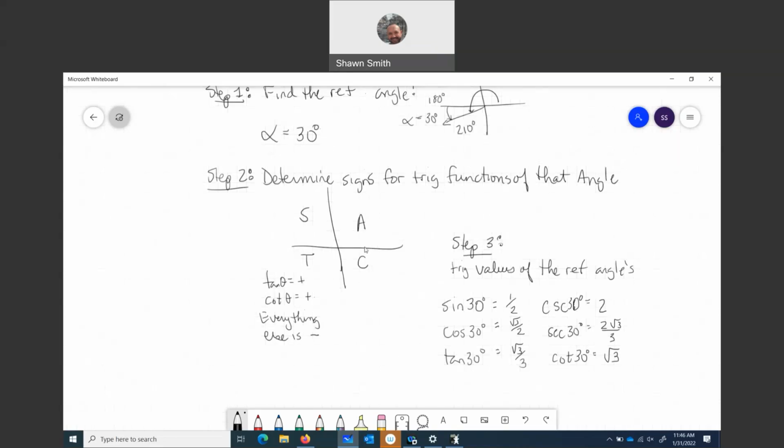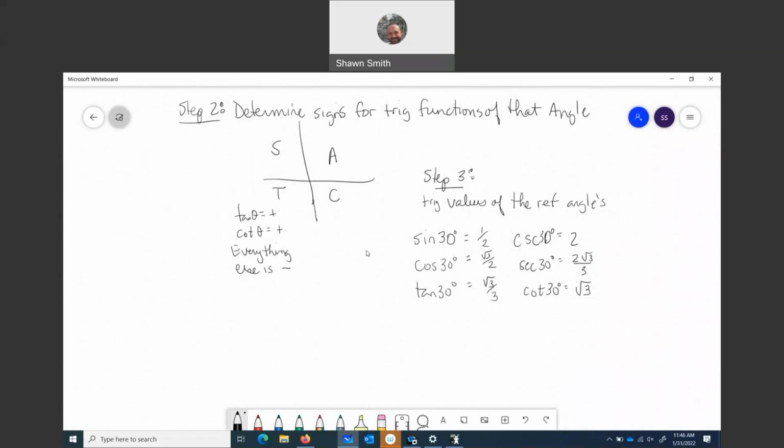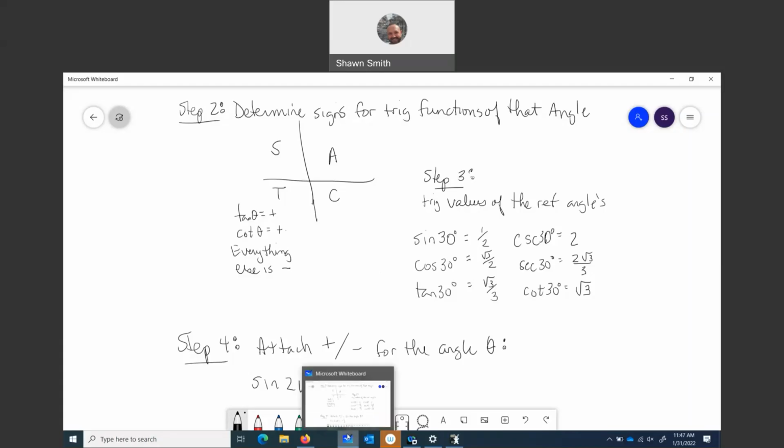Step 4, copy those values and attach the positive and negatives to those values for 210. So sine of 210 is going to be 1/2, but negative because we're in quadrant 3.